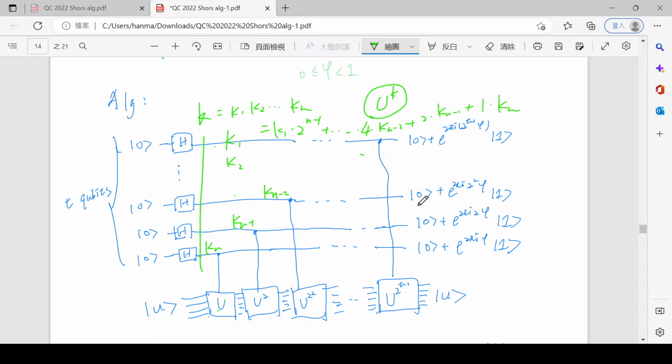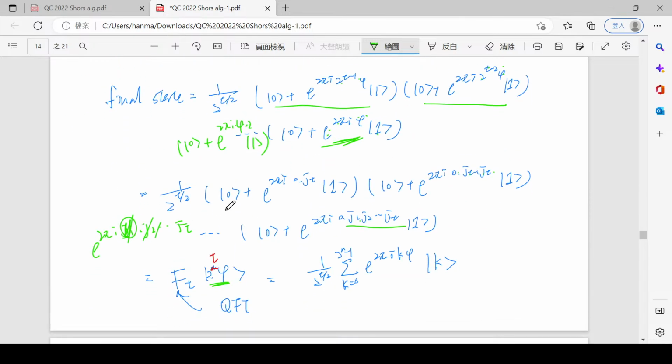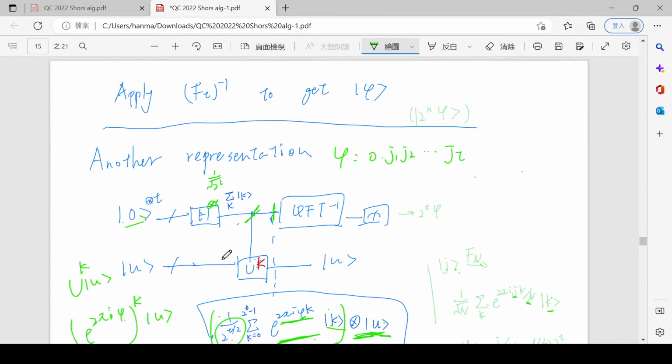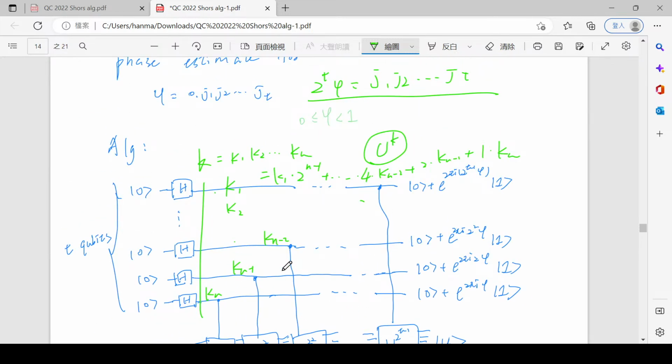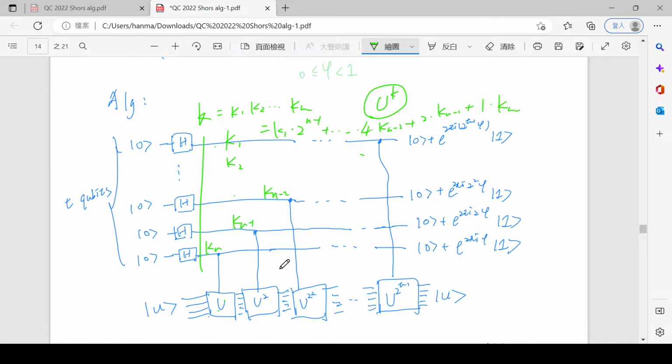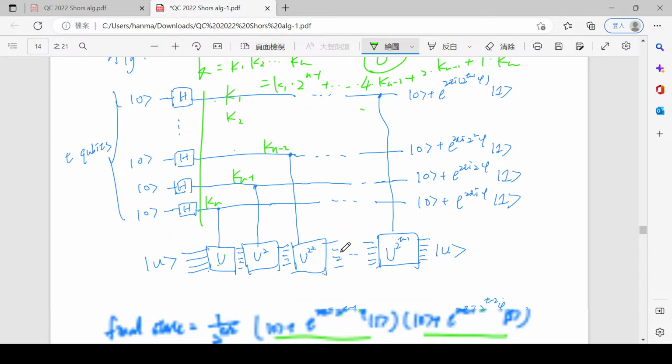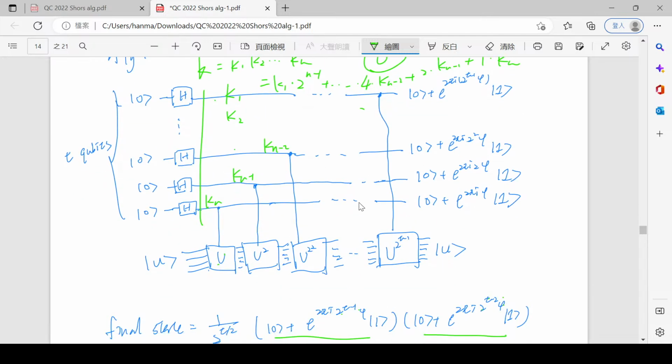One thing about this is that you write it this way mostly because you want to see how you implement this U to the k thing, right? Well, you can implement it this way, but you'll see that you need to apply this U many times, right?